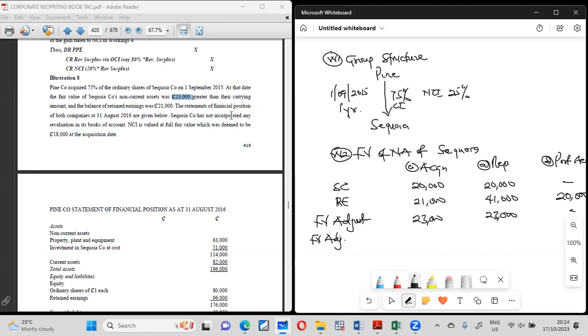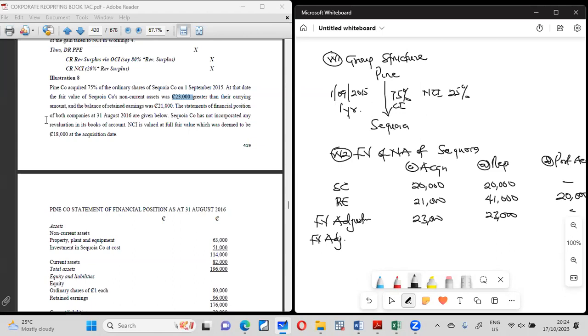If you do the depreciation per year, then you multiply it by the period that you have in here. So you look around, look into the question, to see if they actually gave you how you should go around the fair value adjustment. So always look out for that.